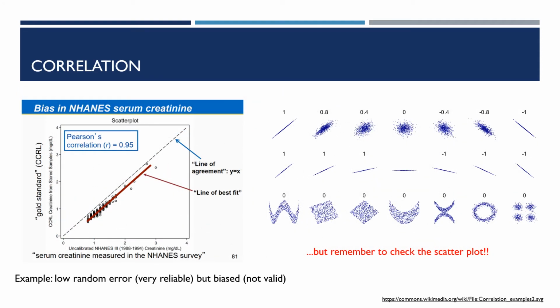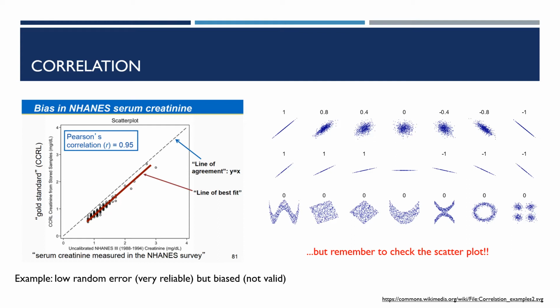Here is an example of correlation in a validation study. The authors took participants in a national health survey, and then they estimated the serum creatinine level in their stored blood sample using a gold standard technique. In this figure, we can see that the correlation between the two measurements is very high.